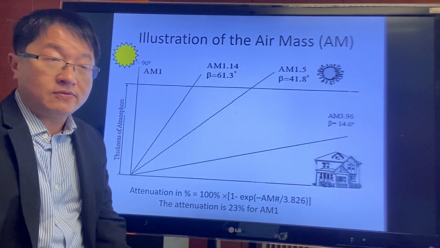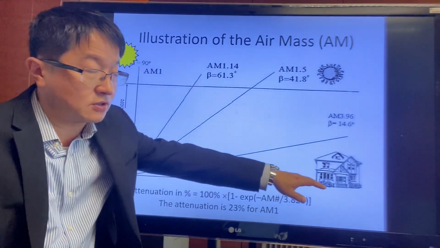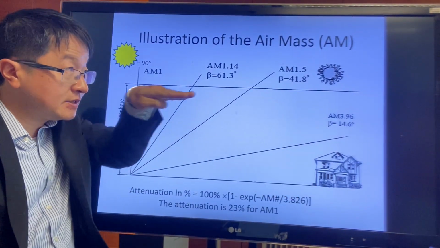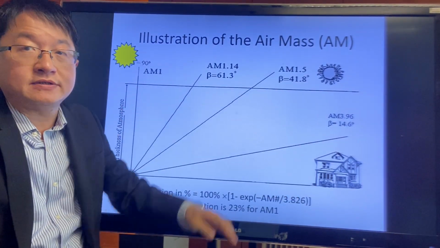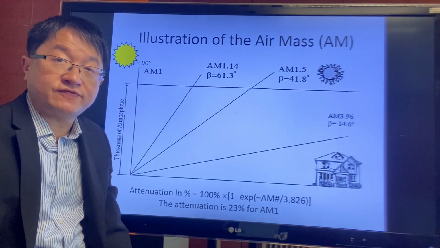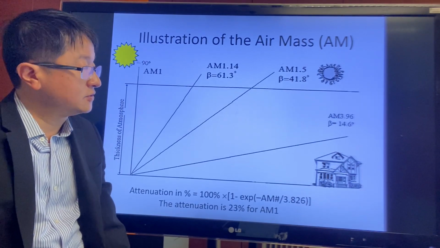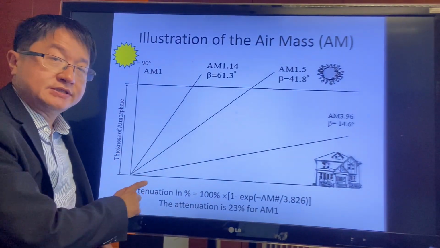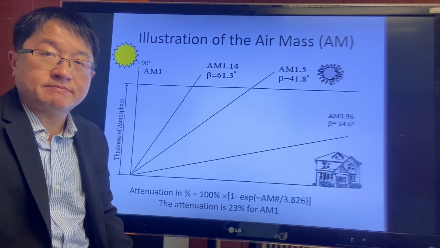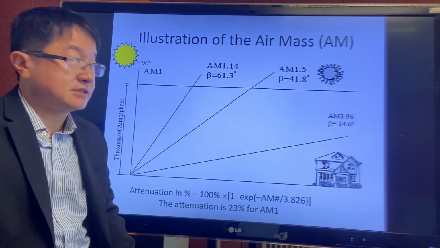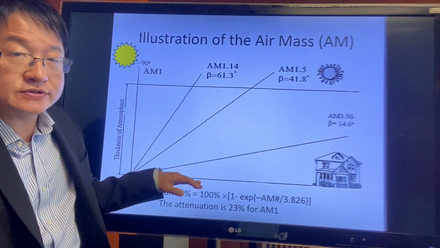While in the North Pole, the sun is almost horizontal, so beta is 0. You can simply see the sun on the horizon. In Hong Kong, the latitude is about 23.5 degrees, so the angle of elevation is 90 minus the latitude of Hong Kong. It's about 60 something degrees in the summer.